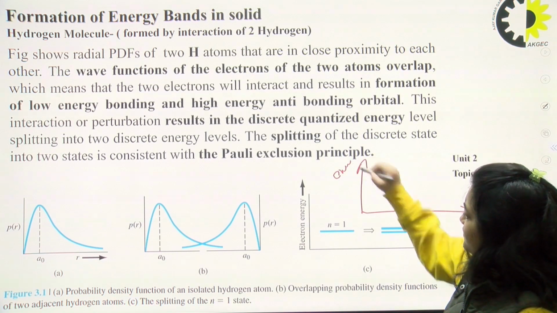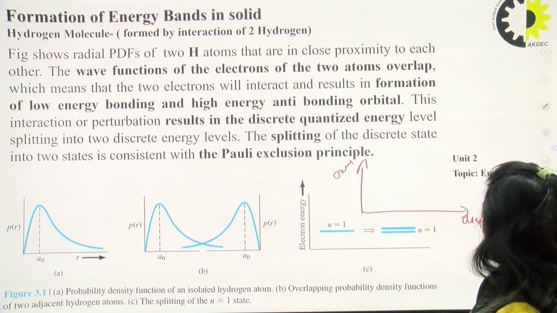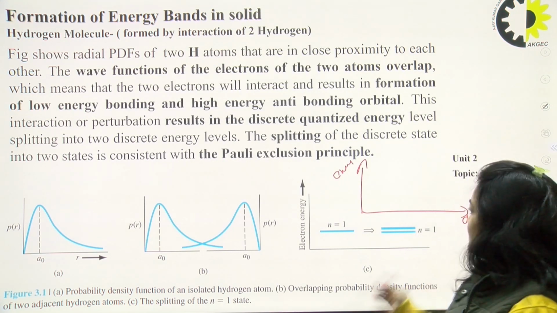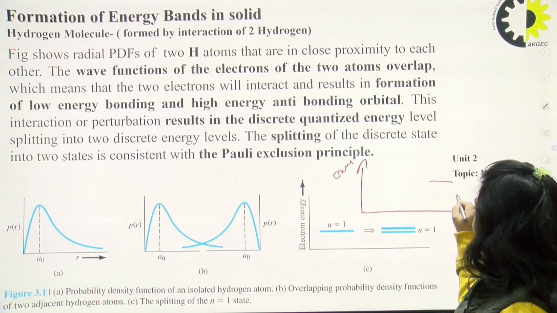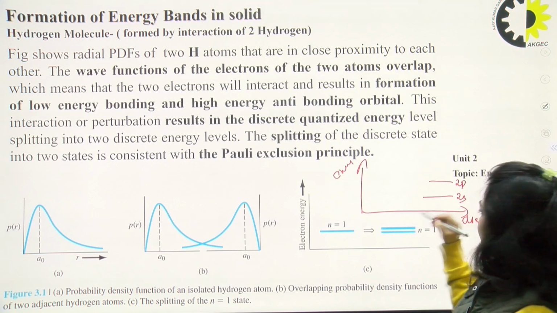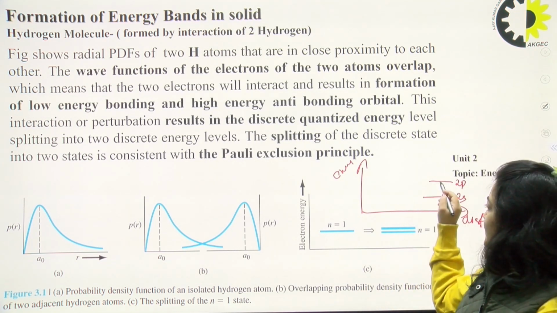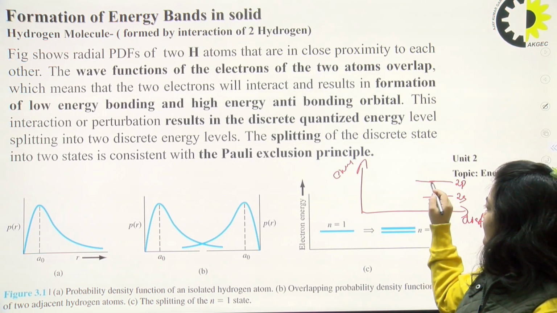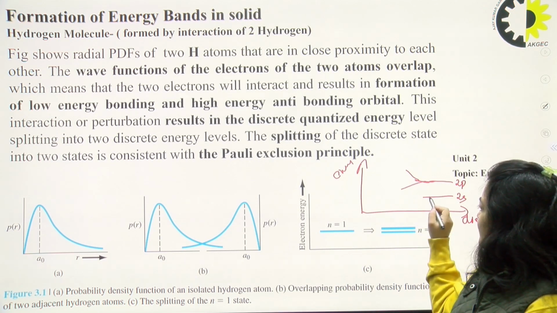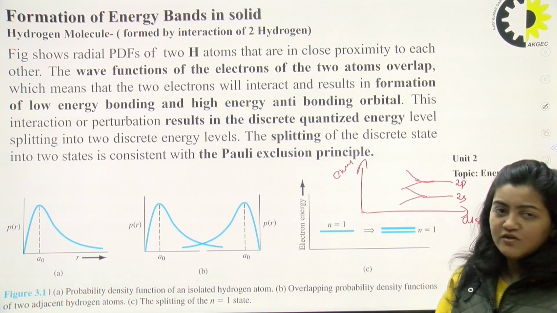This is the energy, and this is the distance between the different atoms. Now as we see, we have different orbits, like the p orbit and s orbit. As these orbits increase, the energy changes, and as the lower orbit increases, the energy also changes.